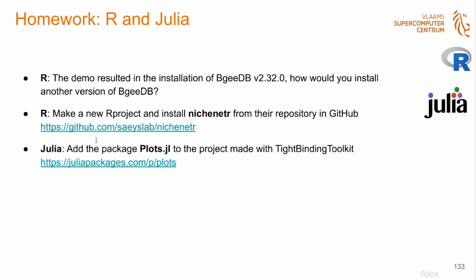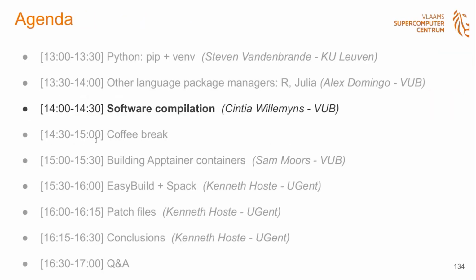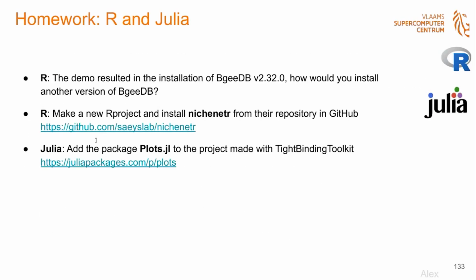Also, you can try to install Ninjater from the GitHub repository instead of the repositories in Bioconductor or CRAN. And the same for Plots.jl. You can try to add a package to the tight binding toolkit. And that's it. If you have any questions.